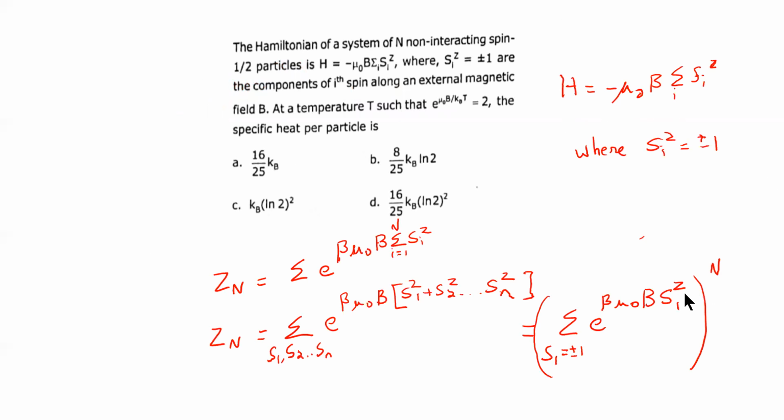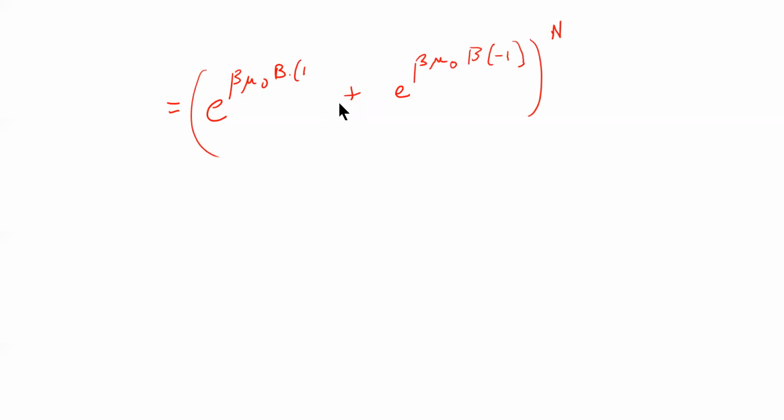Here I've just substituted plus or minus 1 for the value of Si. From there I get this term, which is nothing but a hyperbolic function, cosh. So it is 2 times cosh of beta mu naught B, to the power of n. So this is our partition function.